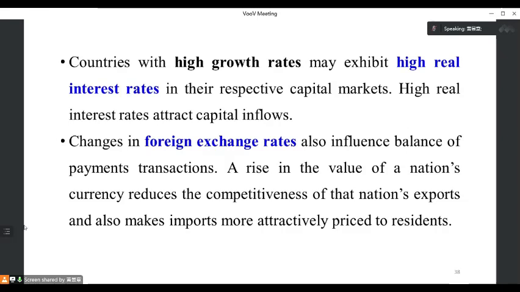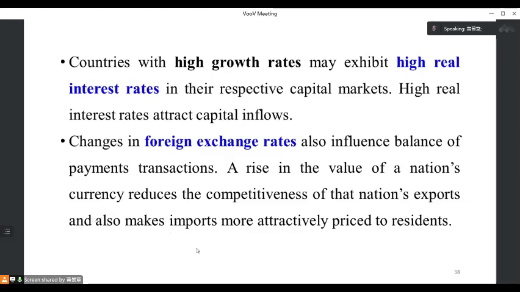High real interest rates attract capital inflows. Changes in foreign exchange rates also influence the balance of payments transactions. A rise in the value of a nation's currency reduces the competitiveness of that nation's exports, and also makes imports more attractively priced to residents.